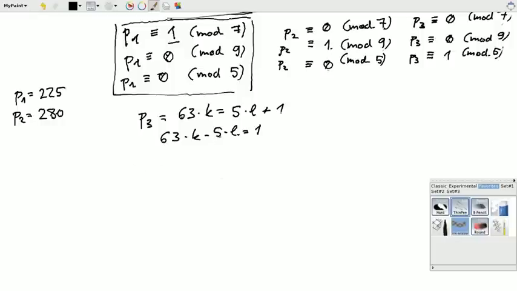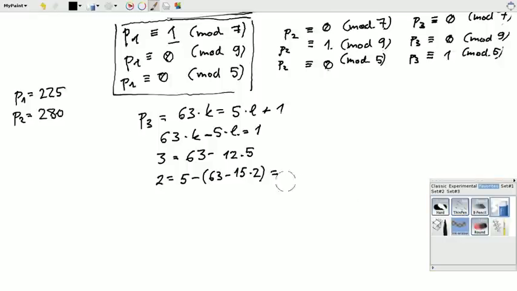63 modulo 5 is equal to 3. That is 63 minus 12 times 5. Now, 5 minus 3 is equal to 2. I'm going to rearrange this a bit.